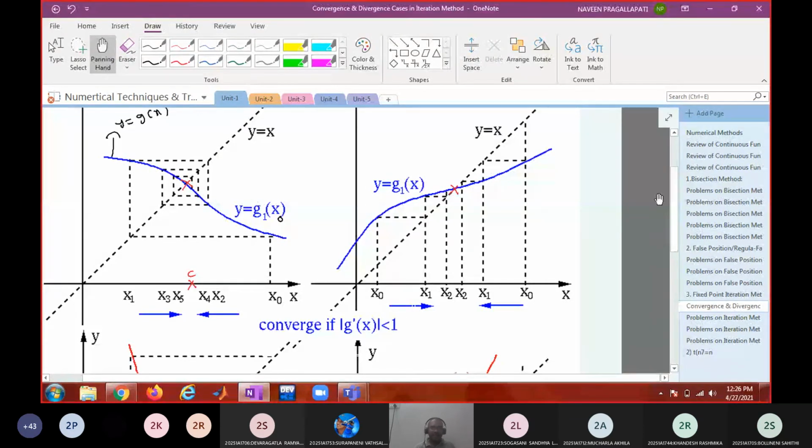Okay, 135 to 180 or 90 to 135, when modulus of g dash of x is less than 1.